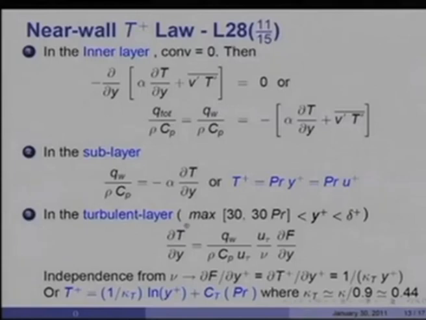Now, the turbulent layer is characterized by the maximum of 30 and 30 over Prandtl number, less than y plus and less than 0.2 delta plus, or the thermal thickness would be determined by the Prandtl number in the intermediate transition and sublayer regions, and therefore, we take the maximum of 30 to 30 over Prandtl to 0.2 delta plus, which is the end of the transitional layer.